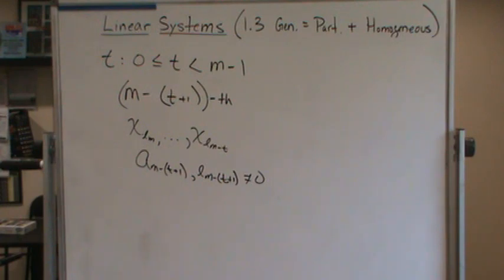So then if we move the free variables to the right side and then divide by this leading coefficient, then what did we just do?